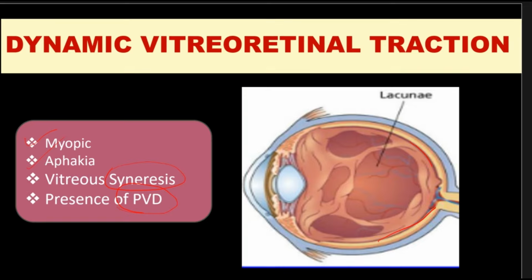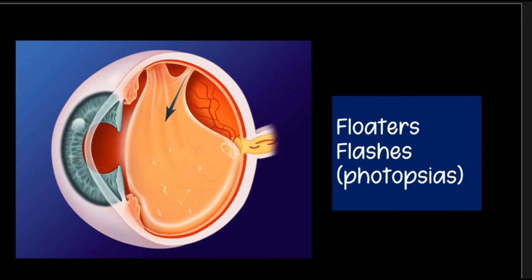In syneresis, the vitreous undergoes liquefaction, and pockets of fluid develop within the vitreous cavity, which are known as lacunae. Because of these pockets of fluid, the patient has a sensation of floaters or cobwebs in the field of vision, and this important symptom is referred to as floaters.